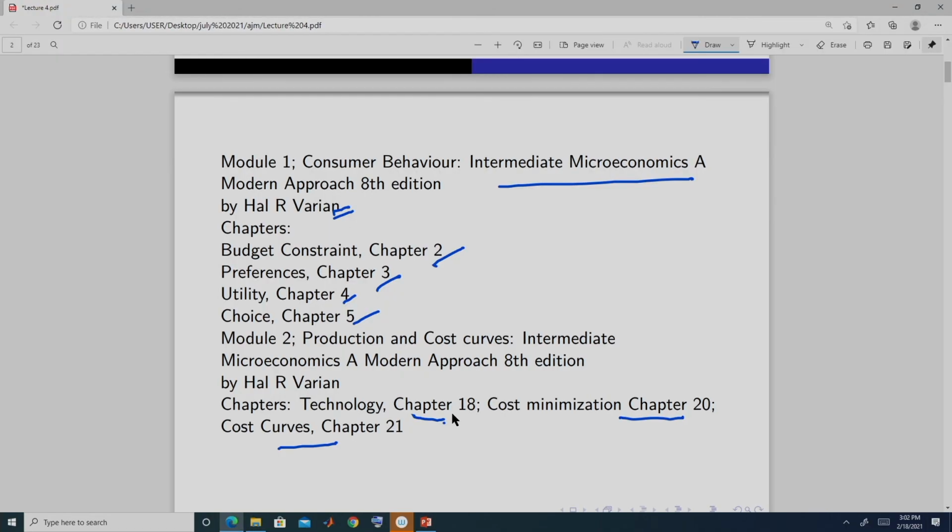When we say production, what do we have in mind? It is like this. Think of a farmer who owns a plot of land, and on that plot of land he uses his own labor along with some machine to cultivate the land, and he produces a food grain or some vegetables or some other crops.